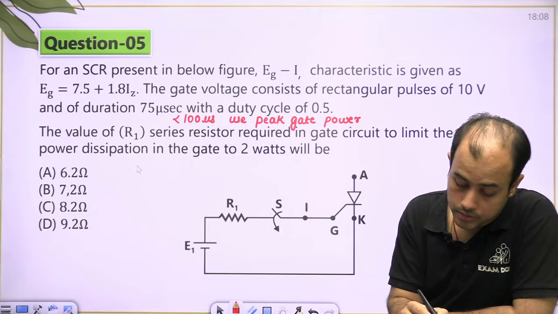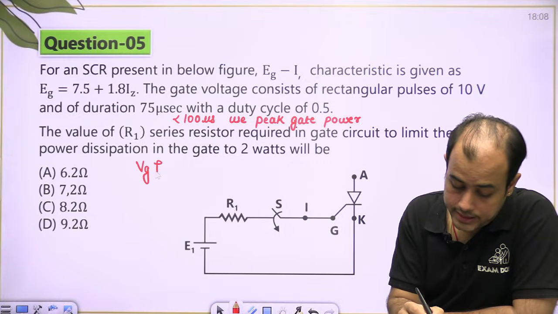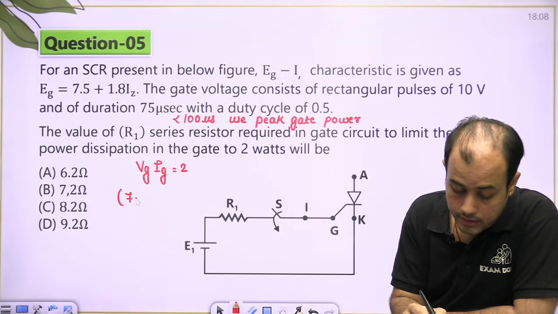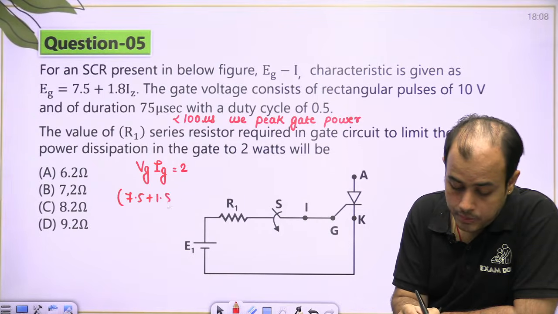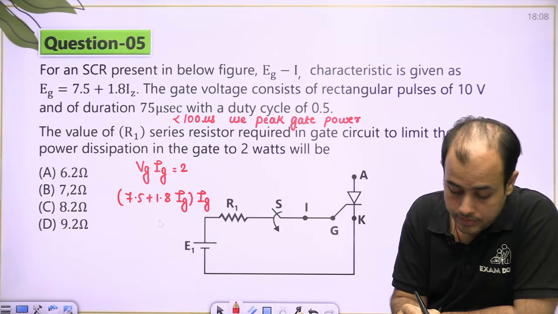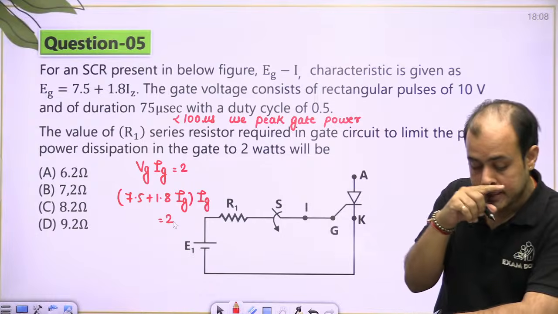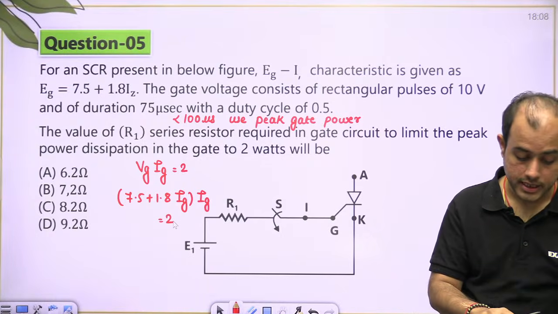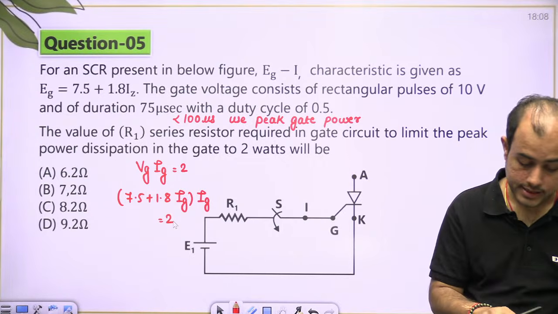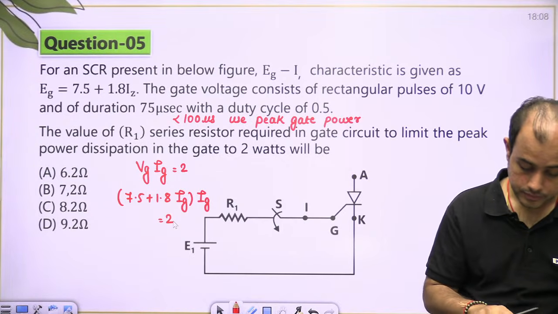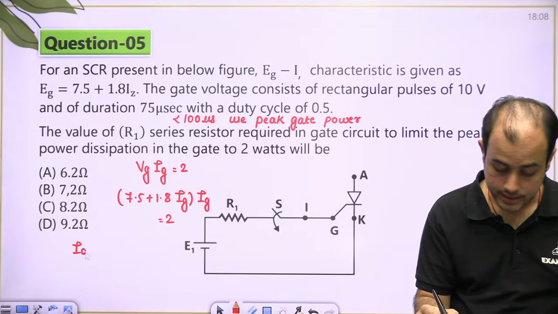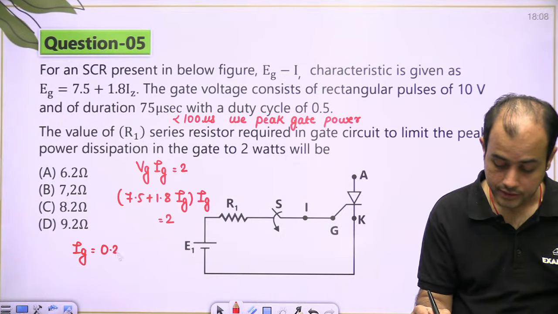Now my children, VG IG is 2. Now VG is 7.5 plus 1.8 IG. So this is a quadratic equation beta which you can solve: 1.8 IG square plus 7.5 IG minus 2. So IG is 0.2515.